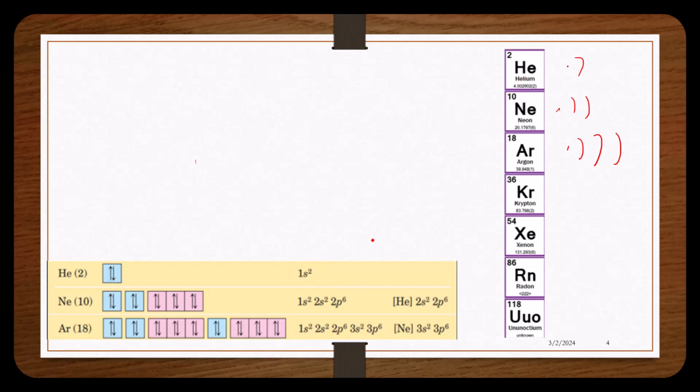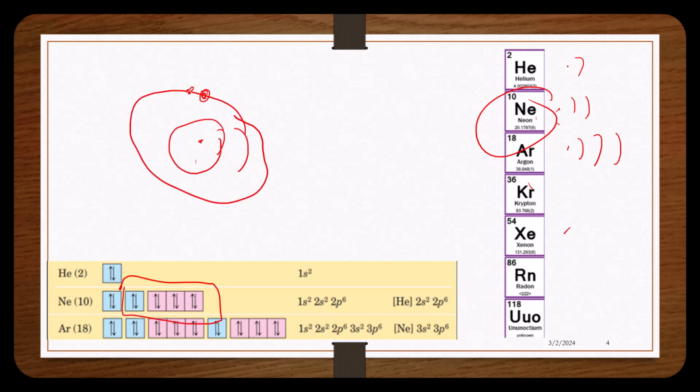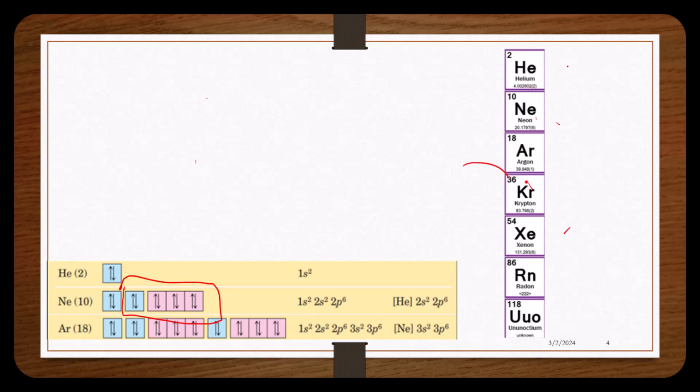Moving down to neon. Neon would be in the second period, so it would have 2 shells, and it has a filled valence shell. This has 8 valence electrons. There's 8 electrons in this outer shell, which would be filled. And looking at argon right here, this is the third period, so it would have 3 shells.